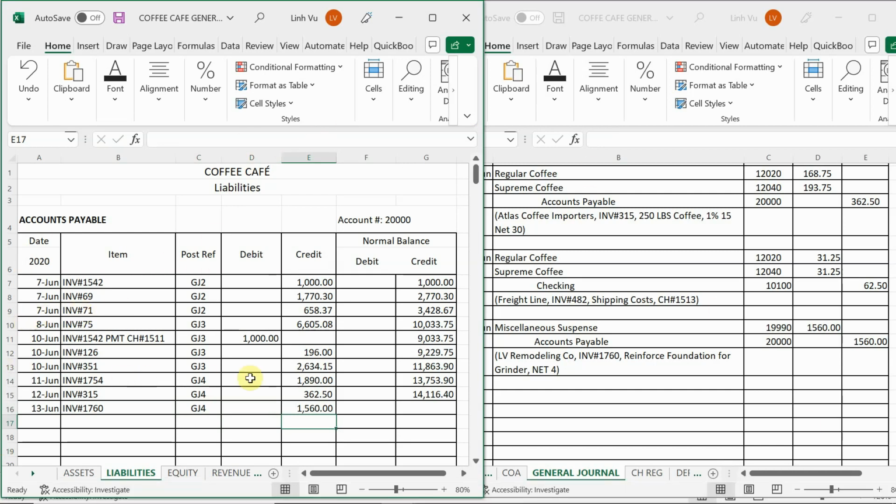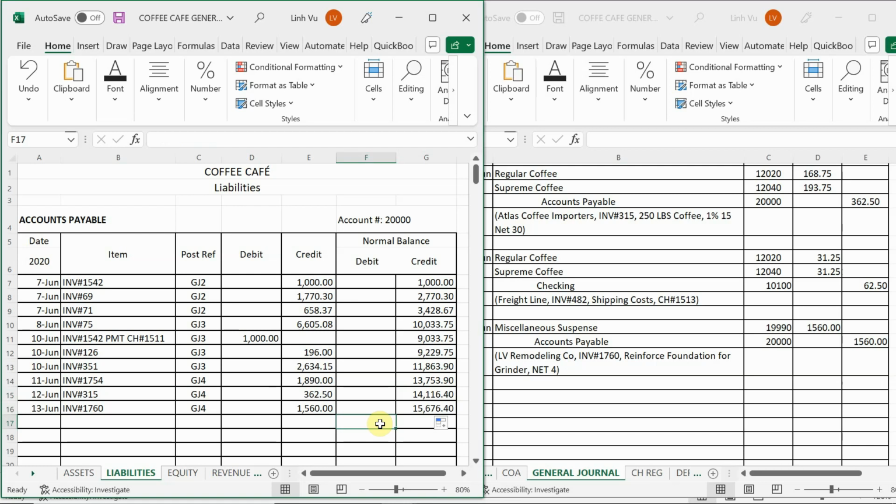So therefore, my account balance should be $15,676.40. So once again, we just keep racking up more and more bills. Okay. So there you go. We finished the journal. We finished the ledger.